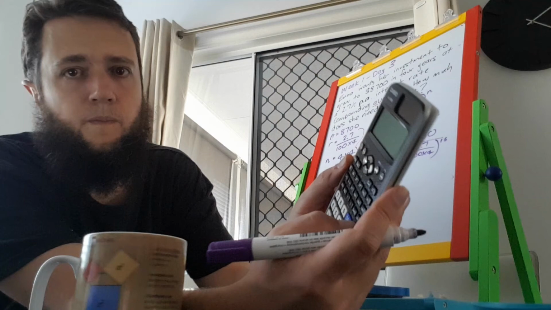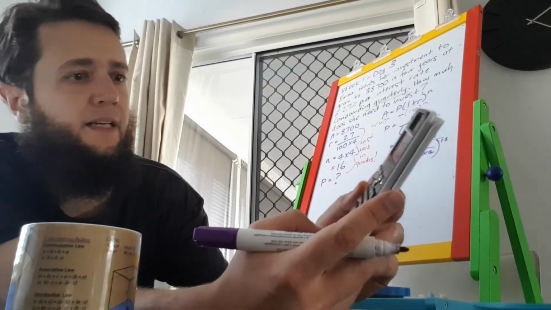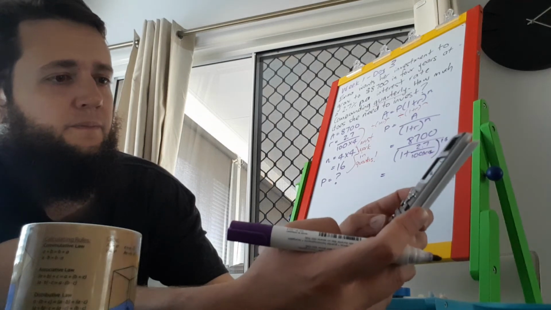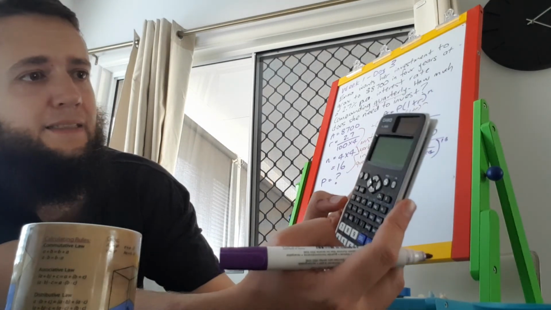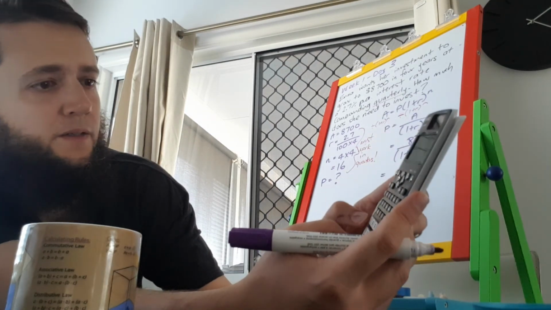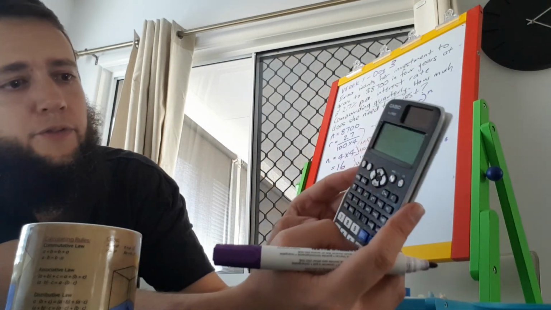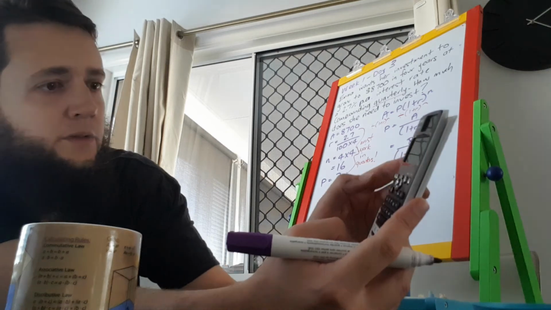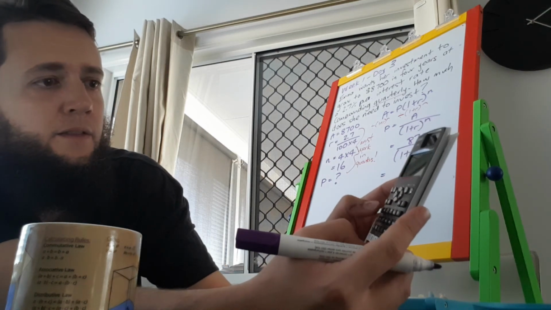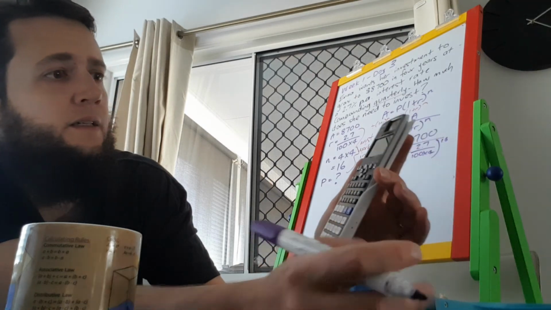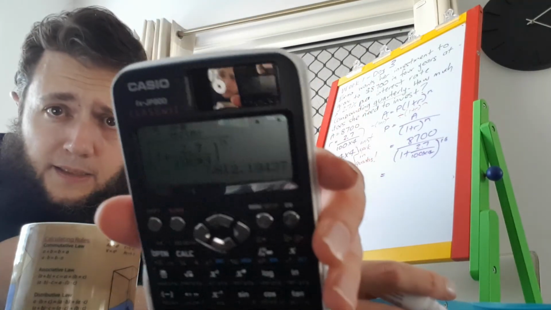So again, carefully and lovingly put this into your calculator. 1 plus 2.7 over the top of 100 times 4, close bracket, to the power of 16, and you get something like that.